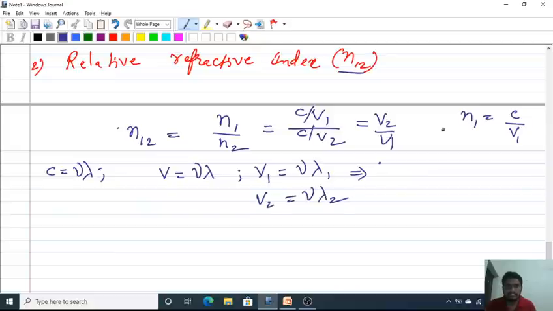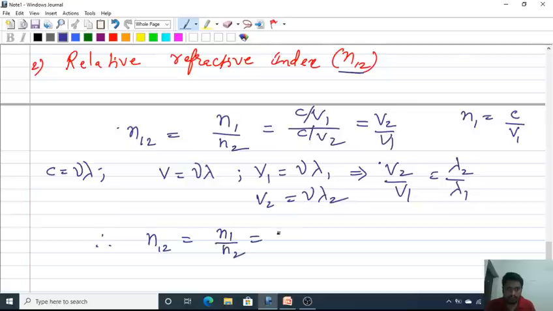By substituting these relations in the previous expression, we get v2 by v1 equals lambda 2 by lambda 1. Therefore, the different relations for the relative refractive index are: n1 by n2 is equal to v2 by v1, which is equal to lambda 2 by lambda 1.